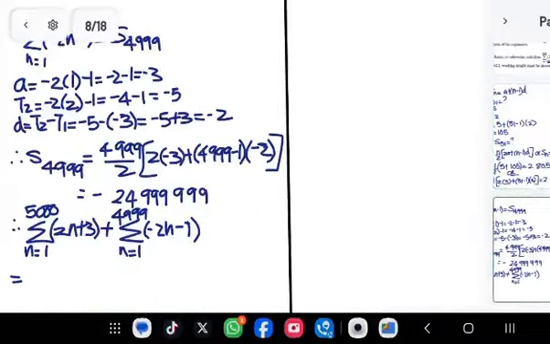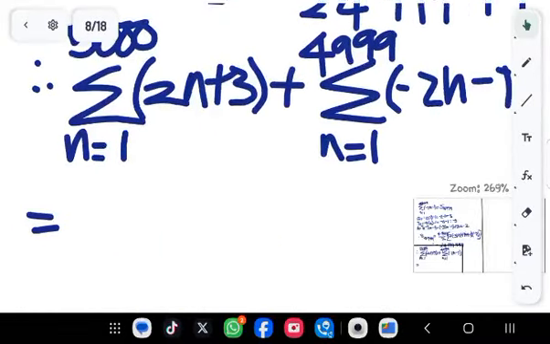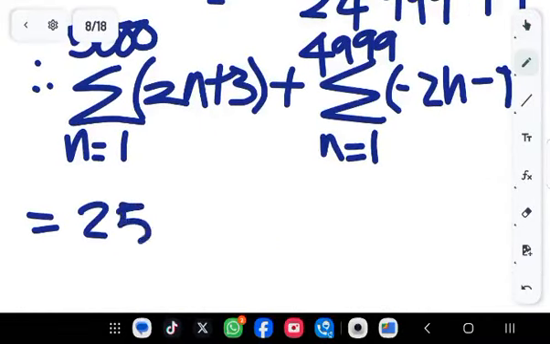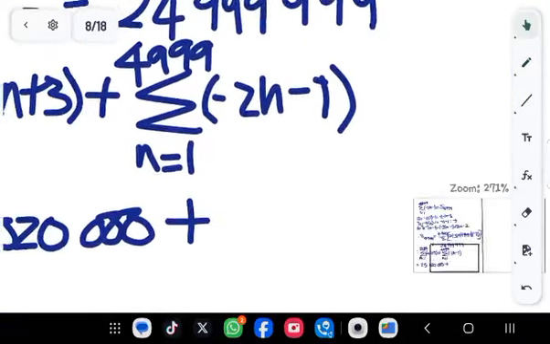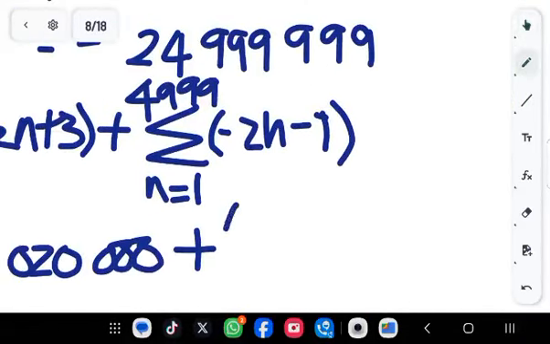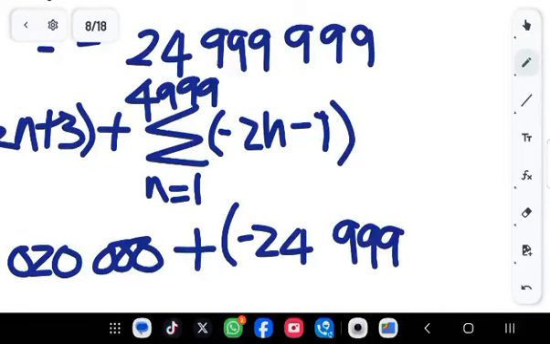So that will be 25 million and 20,000, plus negative 24 million 999,999.